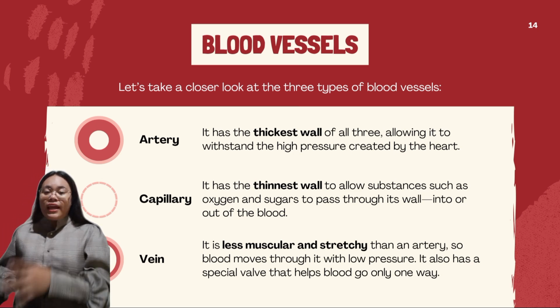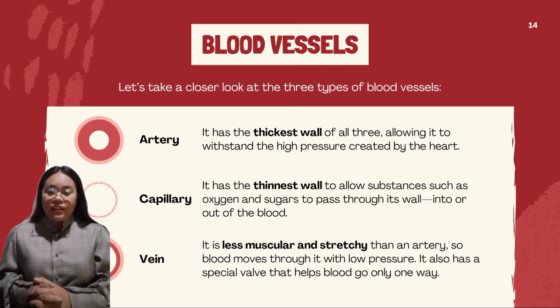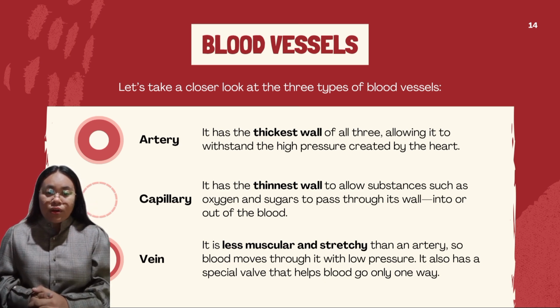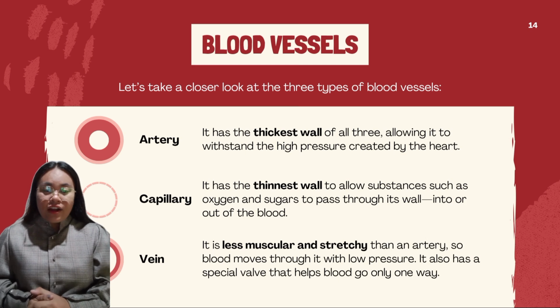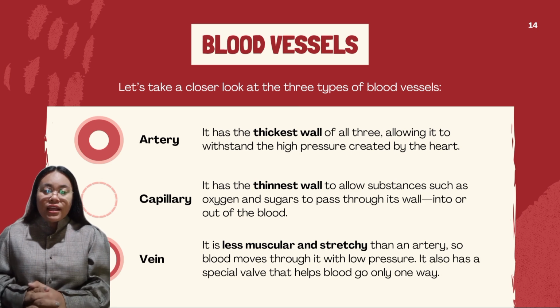The next type of blood vessel is the vein. It is less muscular and stretchy than an artery, so blood moves through it with lower pressure. It also has special valves that help blood go only one way in the vein.